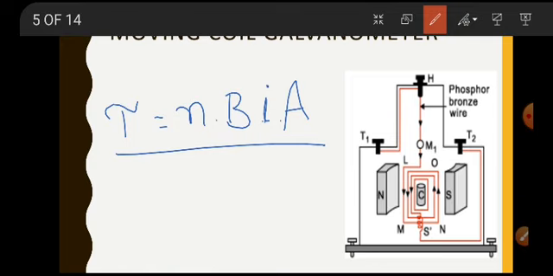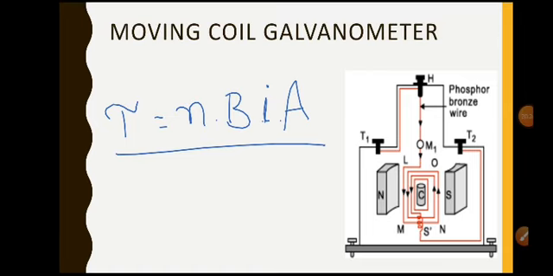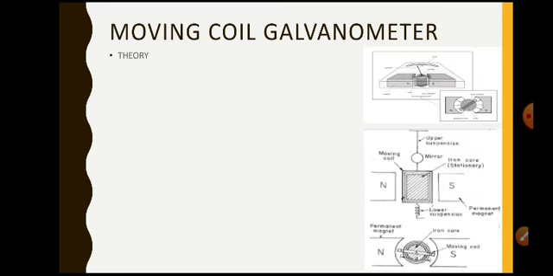Right? So now due to the deflection, the coil rotates, and a twist is produced in the suspension wire. This coil is suspended with a phosphor bronze wire.